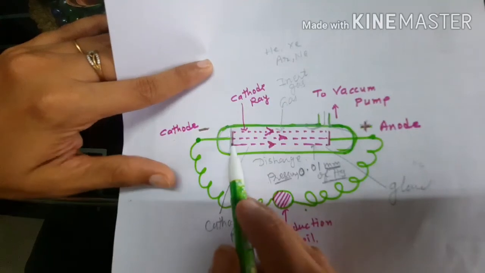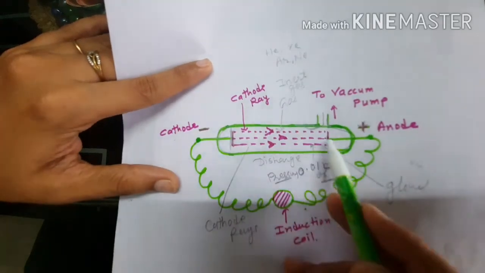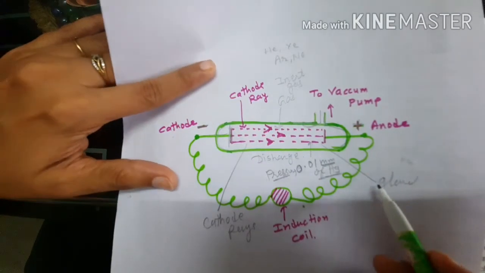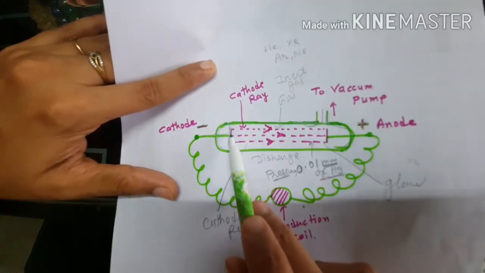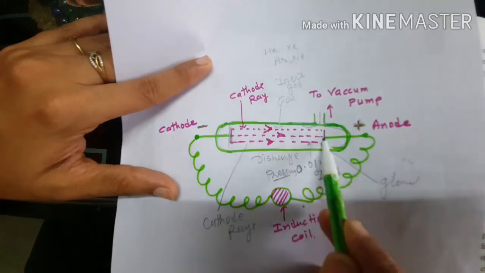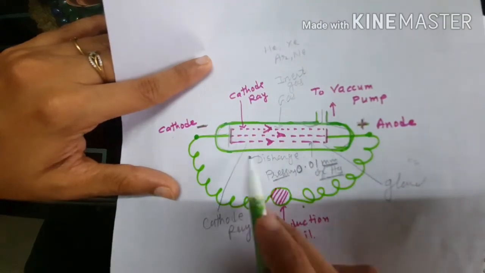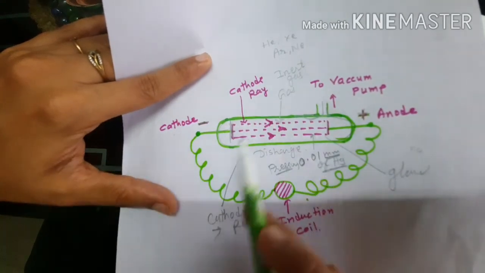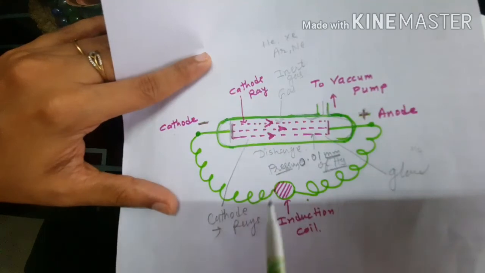One type of rays passes from the cathode to the anode, and the tube glows. He observed that something was passing from the cathode to the anode, so he called them cathode rays. So William Crookes did this research on the discharge tube and developed the cathode rays.